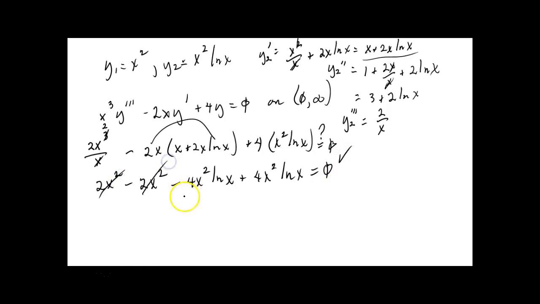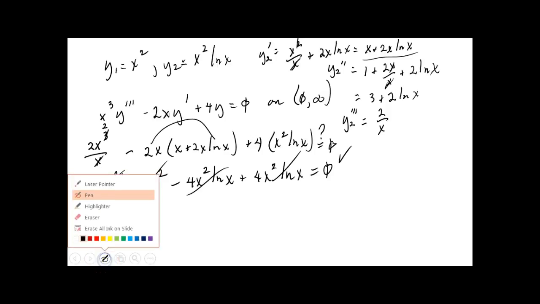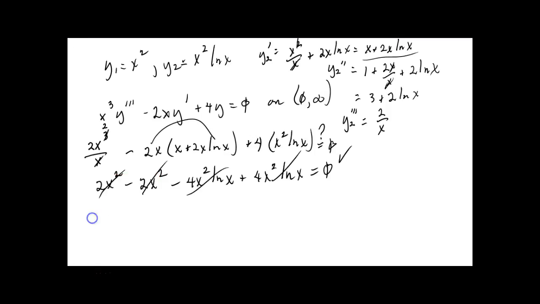These two add to 0, these two add to 0, absolutely. Okay, so here we have two functions that we have just shown do satisfy that third order linear differential equation. So we didn't have to verify it, but that's not a bad idea to do.